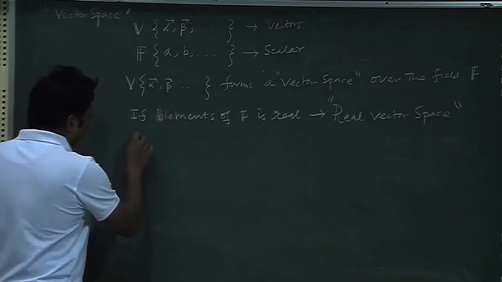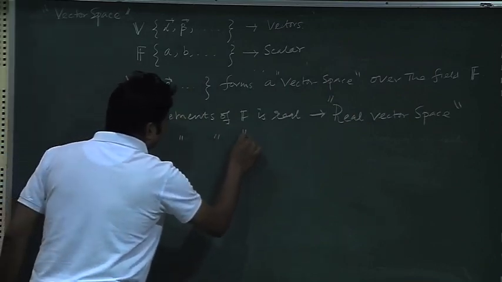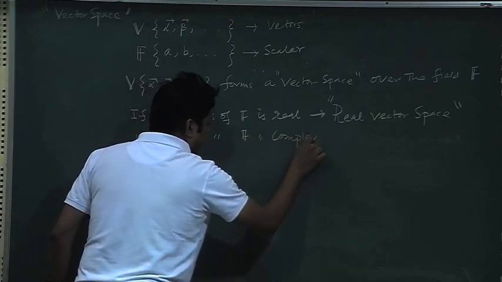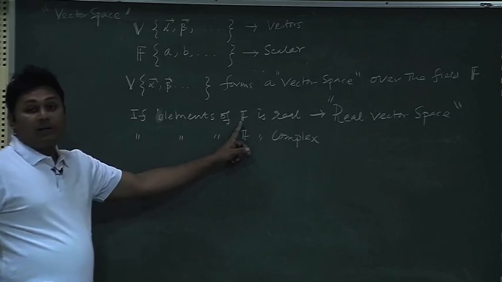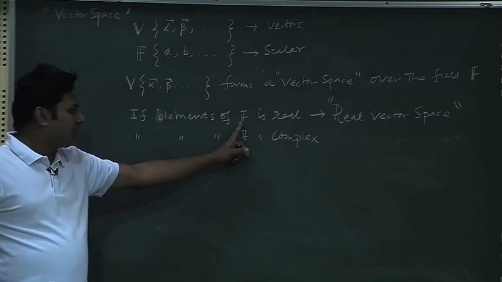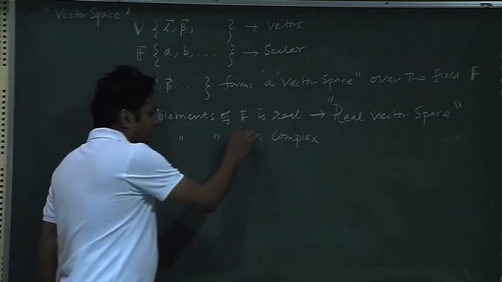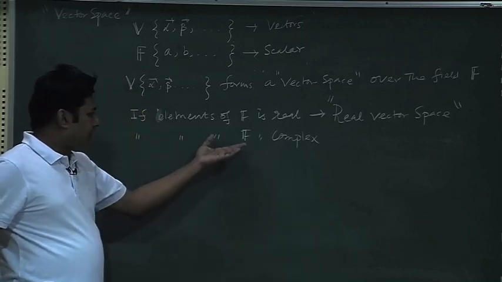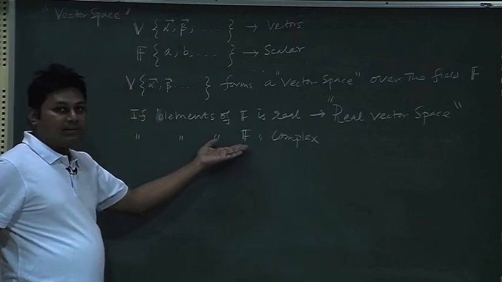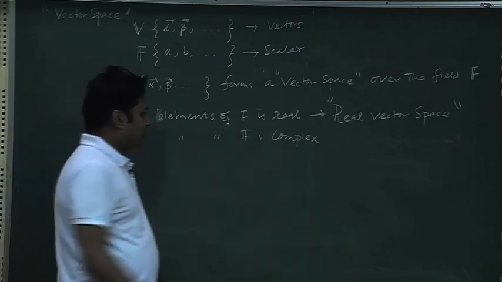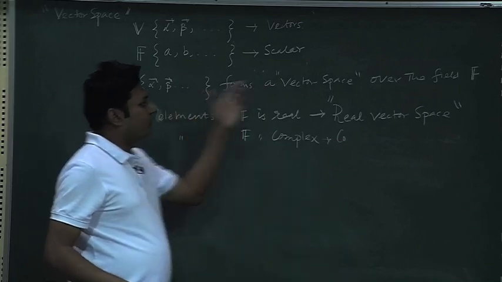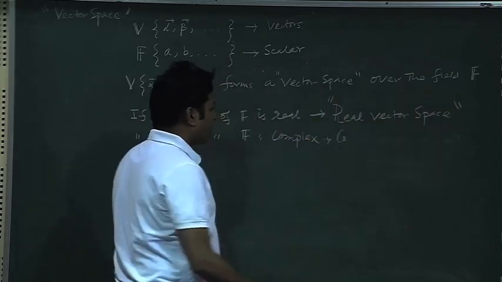Now if the elements of F are complex, we have already seen that the field can be formed by real quantity also and complex quantity also. If the components of this field are complex, then we can say the vector space that is formed over the field F is a complex vector space.